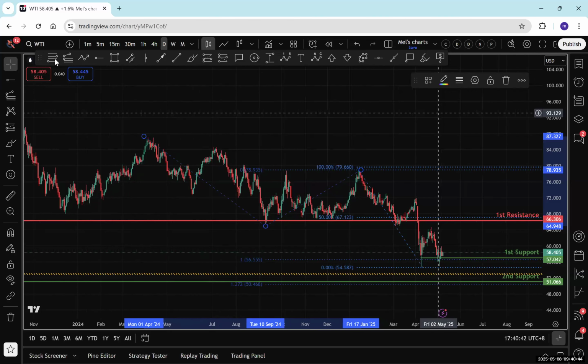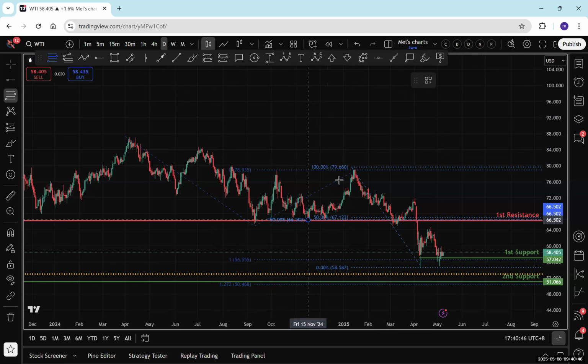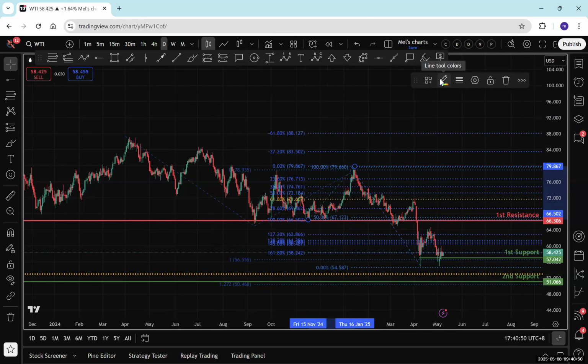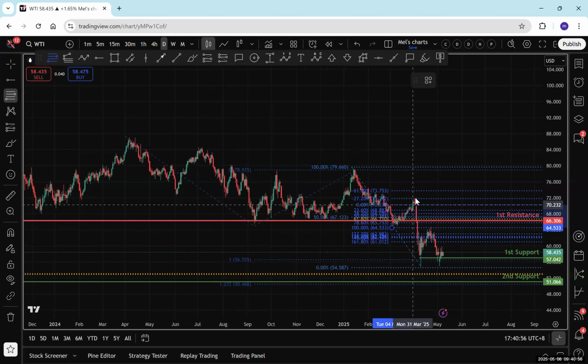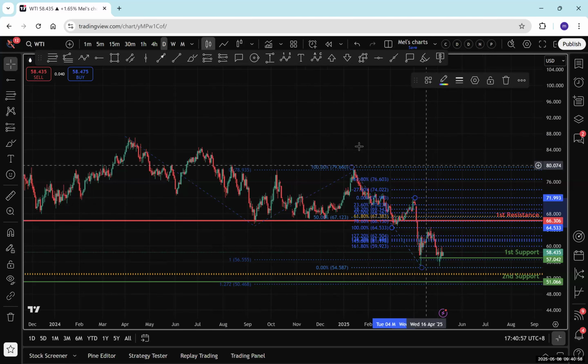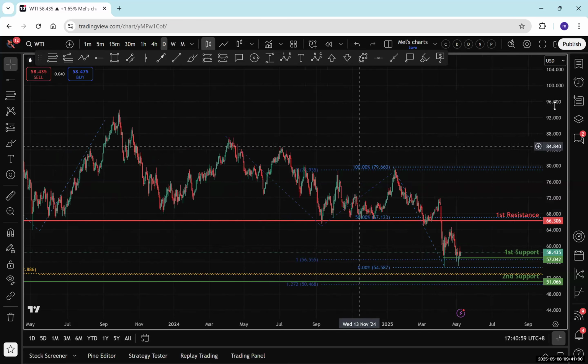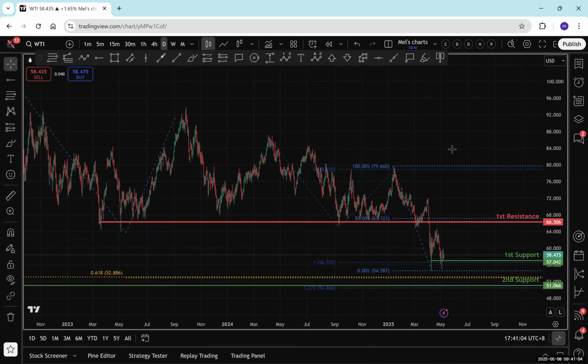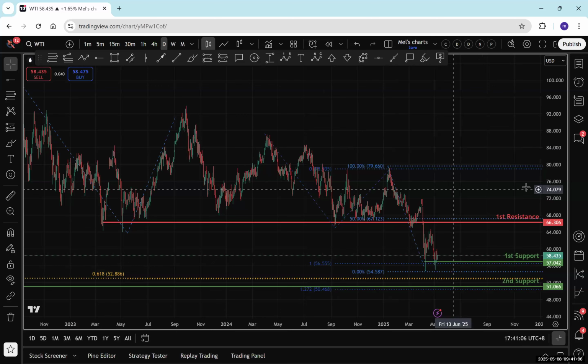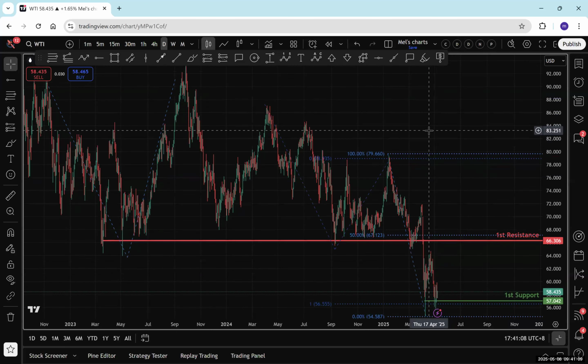Let's zoom in and see if we have any extension levels. Okay, this is no longer valid. Perhaps here, no longer valid as well. Okay, so that's all the levels we have. So I'm expecting prices to continue pushing downwards.